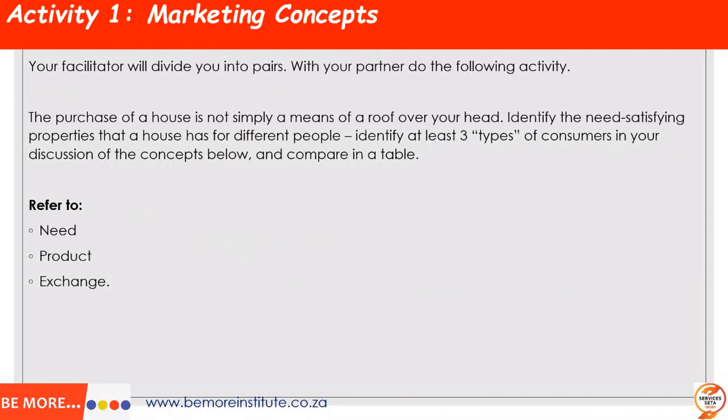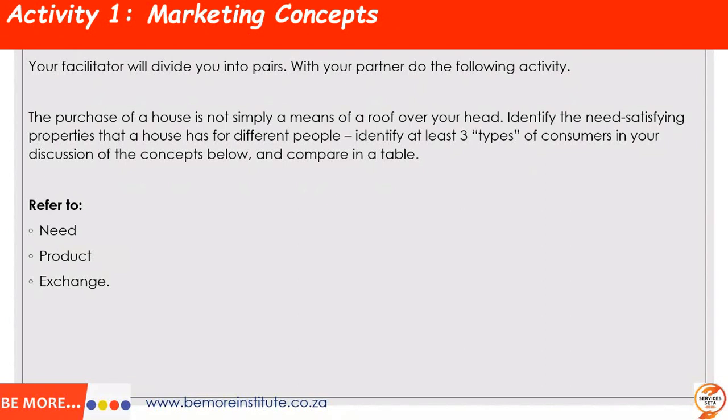Our first assignment or activity for today: the purchase of a house is not simply a means of a roof over your head. Identify the need-satisfying properties that a house has for different people.